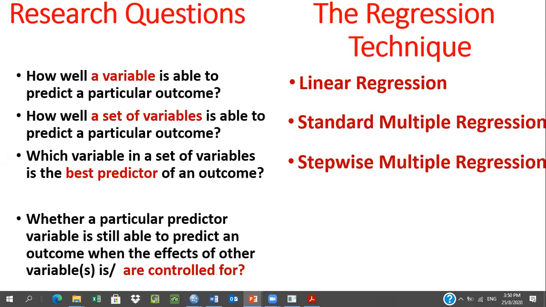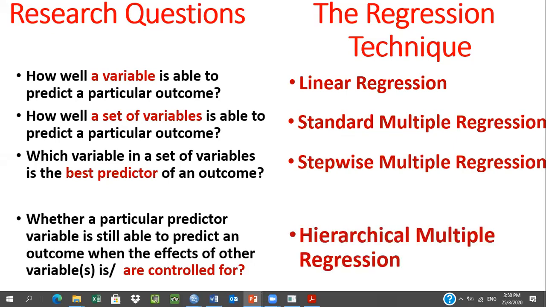Or if you think, okay, I have so many variables, but I want to know what the prediction is in reality, when I let all of them loose, they're all interacting, but then I control one or two. Then it is hierarchical, when the effects of other variables are controlled for. Okay, so these are the ways we answer the question.